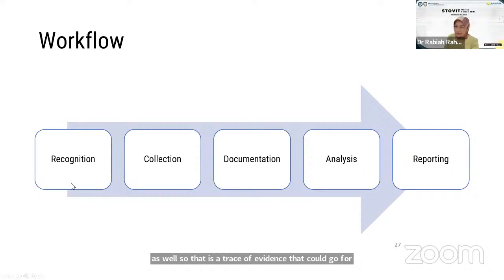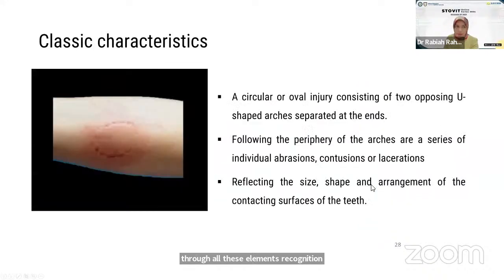The basic workflow for all injury analysis is the same. We have to go through all these elements: recognition, collection, documentation, analysis, and then report. So this is a classic characteristic of a bite mark.